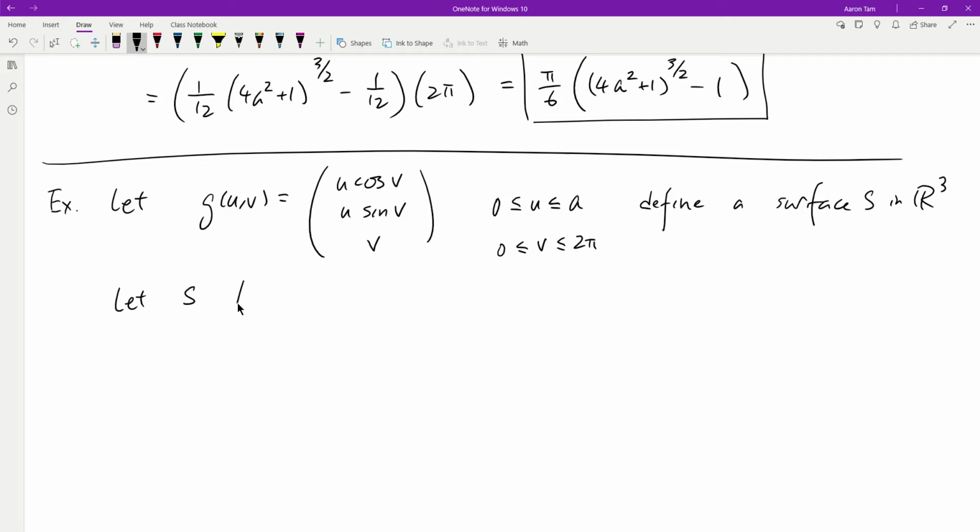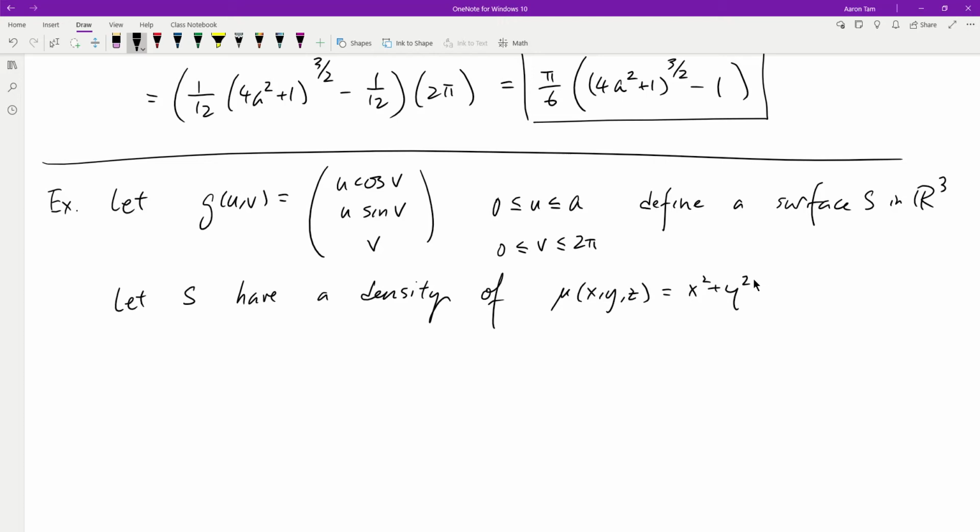Let S have a density of mu of x, y, z equal to x squared plus y squared. So meaning at any point on this surface, based on the position, the density is equal to just x squared plus y squared. So basically just the square of the distance from the z-axis.